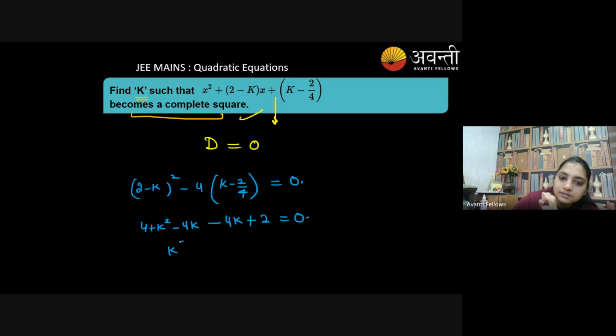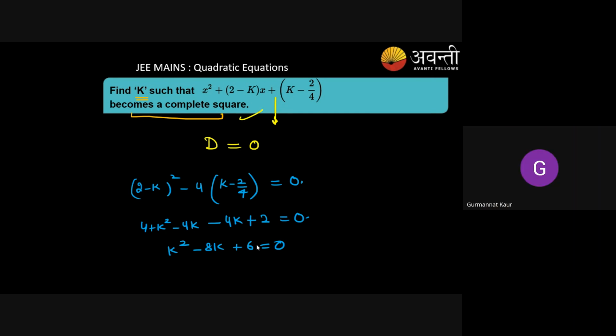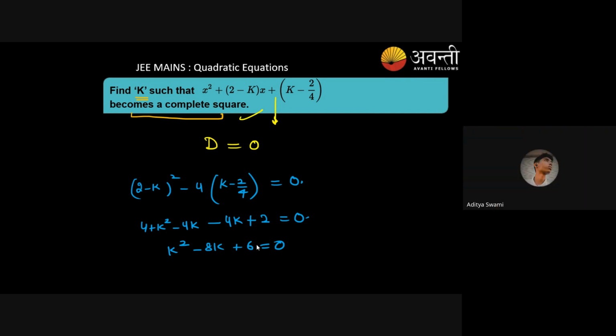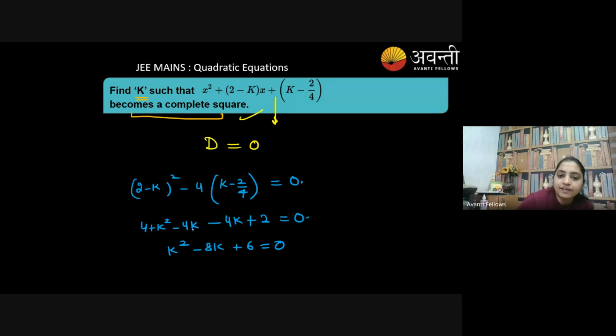It means k square minus 8k plus 6 is equal to 0. Right or not? Everyone agree? So can we factorize this part? Definitely not.